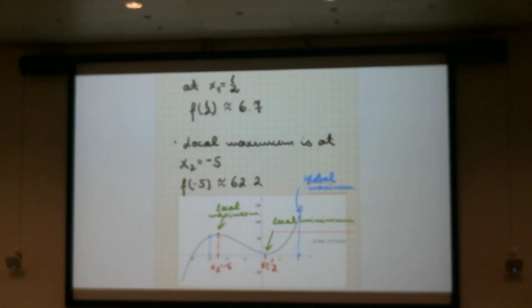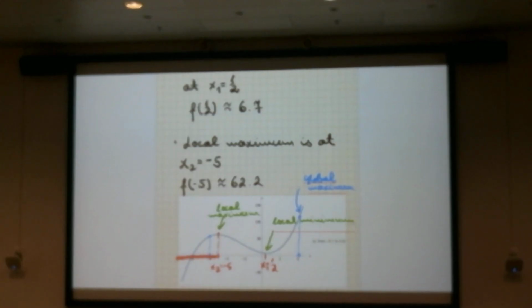And actually, within this interval, from -6 to 4, this is actually global minimum. Because in this little interval from -6 to 4, this is the lowest value the function can get.